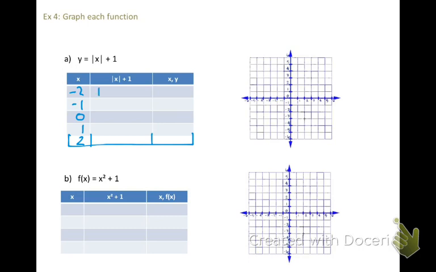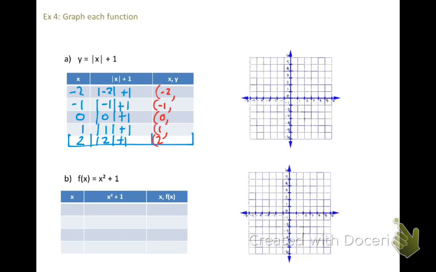So you're going to have absolute value of -2 plus 1, absolute value of -1 plus 1, absolute value of 0 plus 1, absolute value of 1 plus 1, and absolute value of 2 plus 1. And you're going to have -2, -1, 0, 1, and 2.